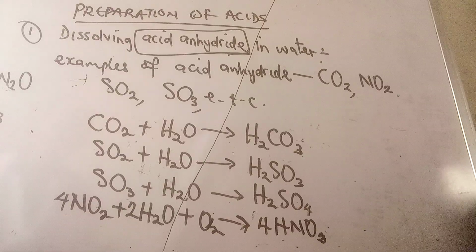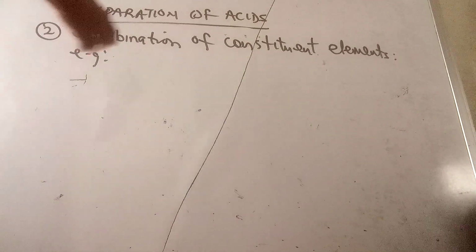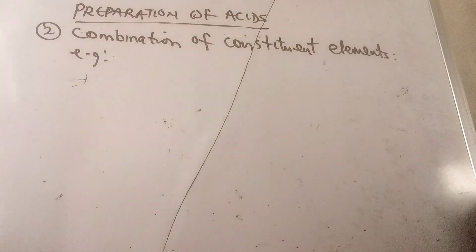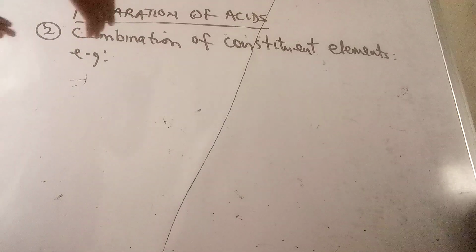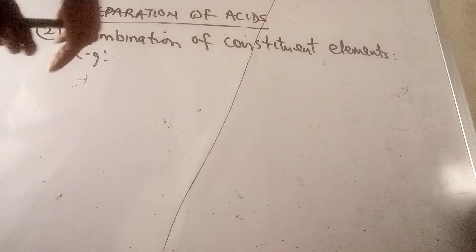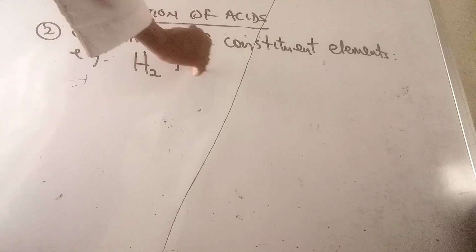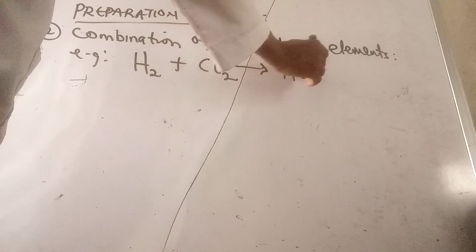So the next thing now, we want to talk about another way we can prepare acid. Another way of preparing acid is through the combination of constituent elements. When we say constituent elements, we mean the elements that combine together to form that acid. We also call this direct combination. For example, 1 mole of hydrogen gas will react with 1 mole of chlorine gas to produce hydrochloric acid.